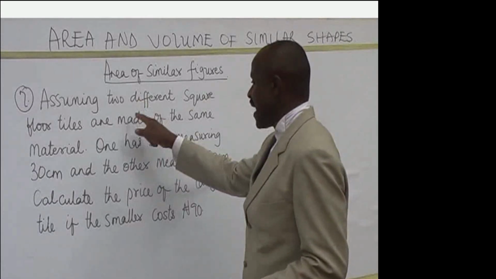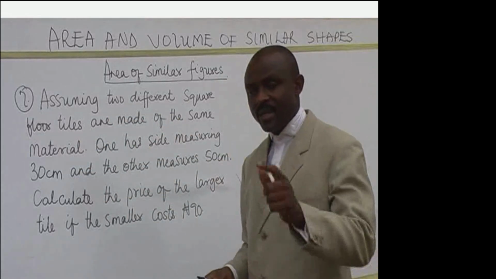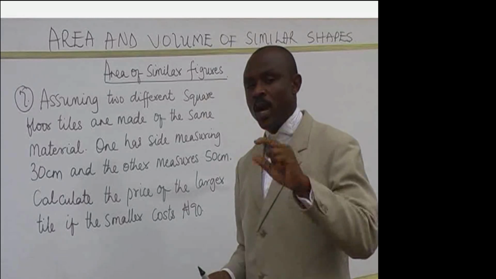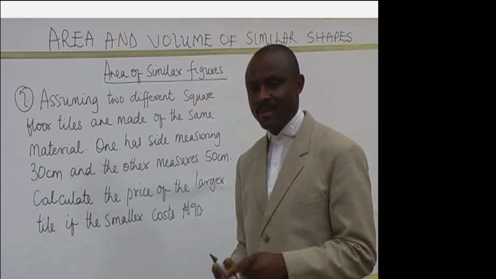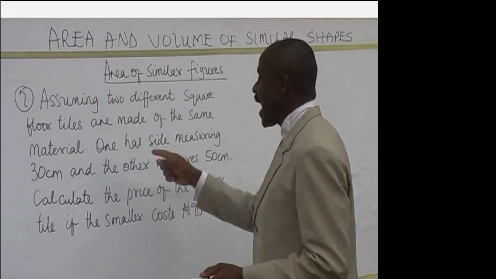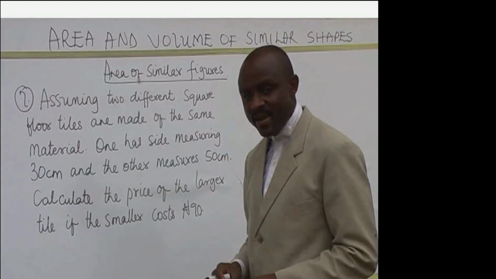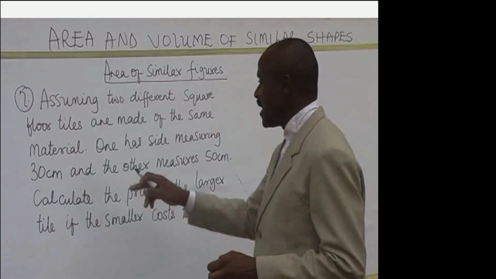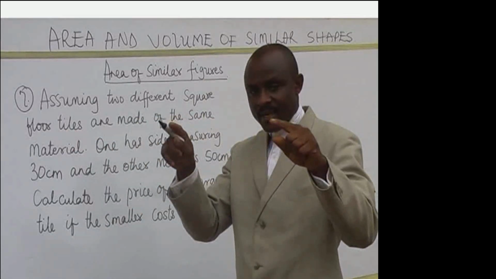As long as they say that the tiles are made of the same material, that means the prices will be directly proportional to the sizes. The first tile measures 30 centimeters. That means, because they said they are square floor tiles, their length is equal to their width.